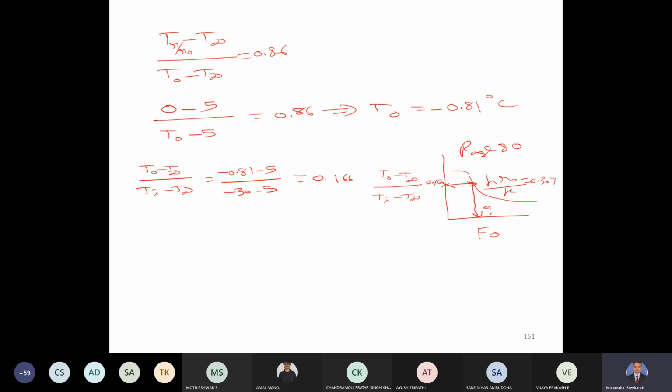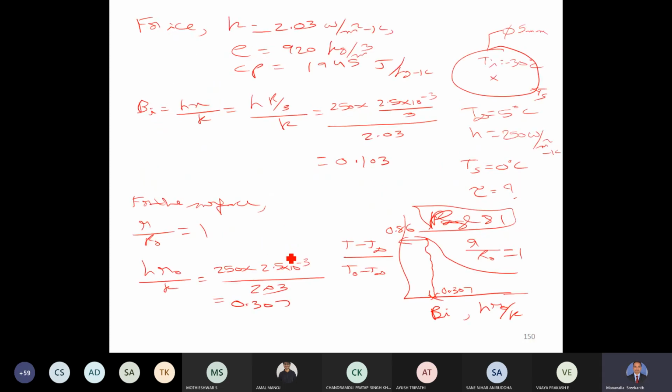It is somewhere between 2 and 3, but somewhere closer to 2. So we'll say the Fourier number is 0.4. Our formula is alpha tau by R naught square.